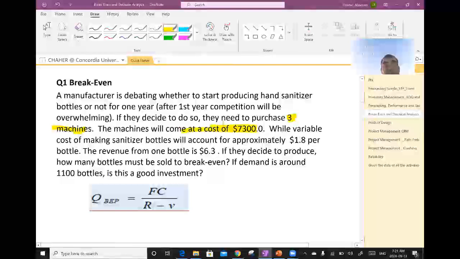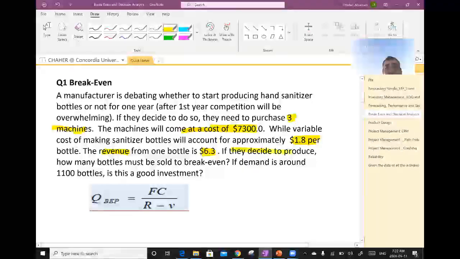So that's the fixed cost. While the variable cost of making a sanitizer bottle will account for $1.8 per bottle. So that's a variable cost. The revenue from each bottle is $6.3. So that's the price, that's how much revenue you're going to get.